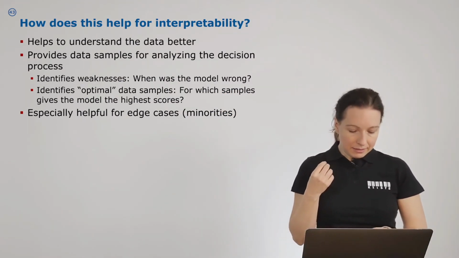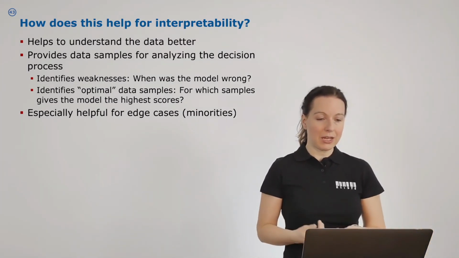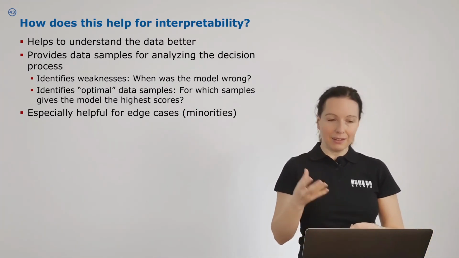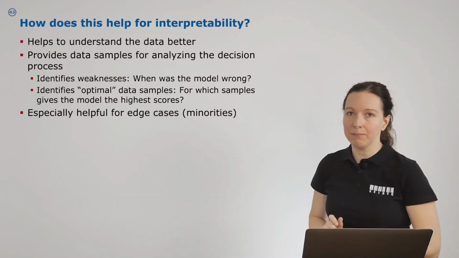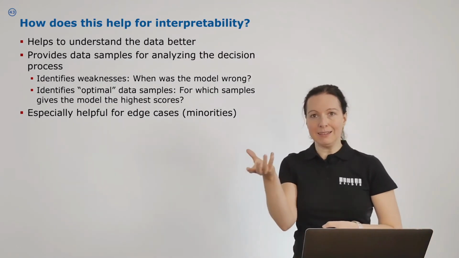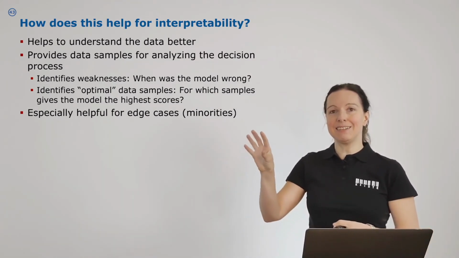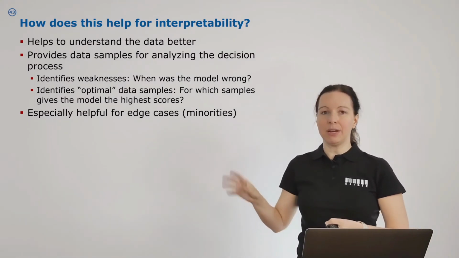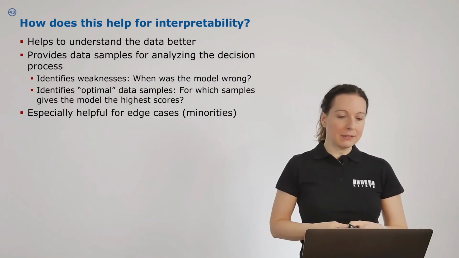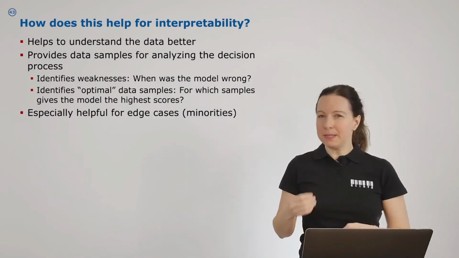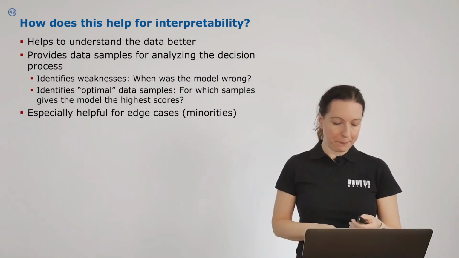But the criticisms are especially interesting for edge cases. And this is exactly what I mean with it identifies weaknesses. So these minorities in the data, these high density but isolated areas in the data set, are edge cases, and so it might be really interesting to look at them, and prototypes might miss them.